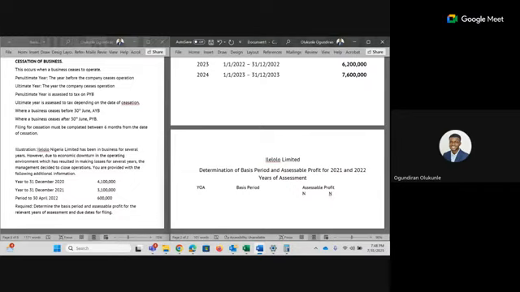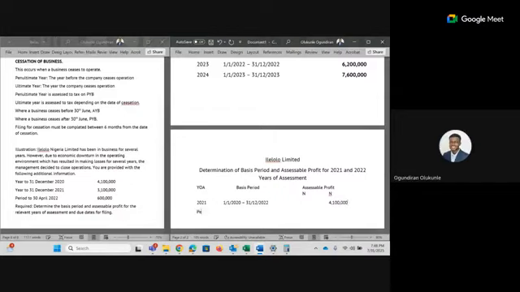So what do we have? We have the 2021 year of assessment, of course going to be on preceding year basis. That's 1/1/2020 to 31 December 2020. What do we have? 4.1 million.